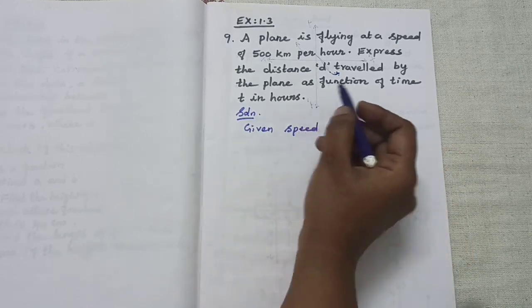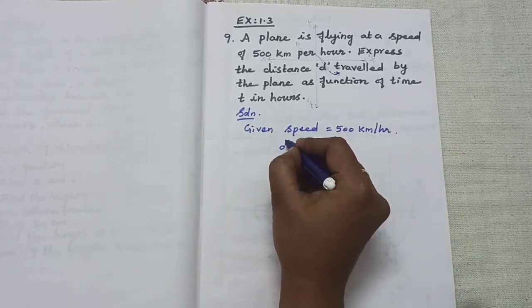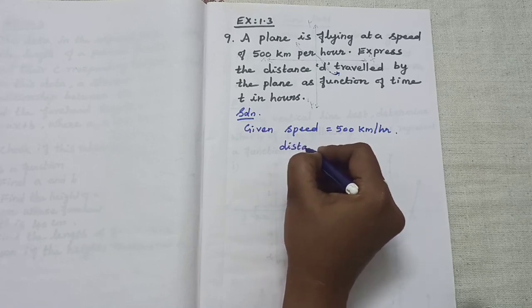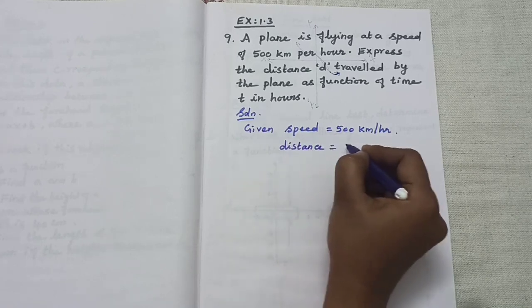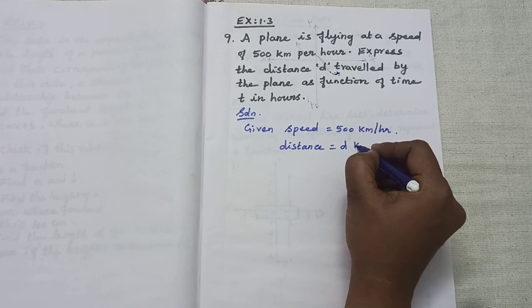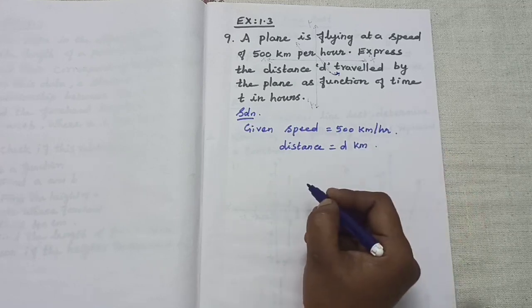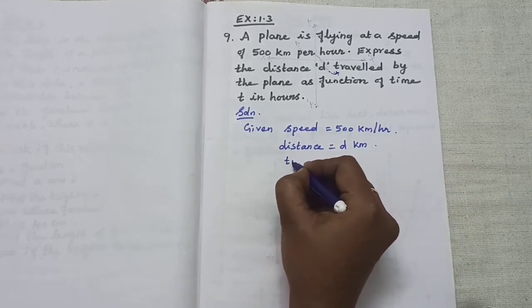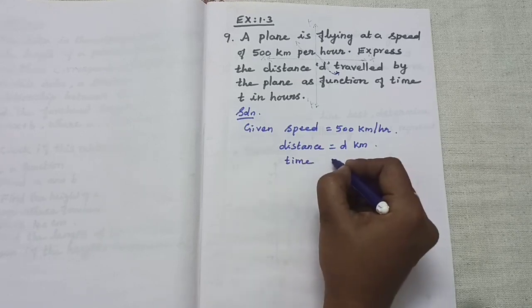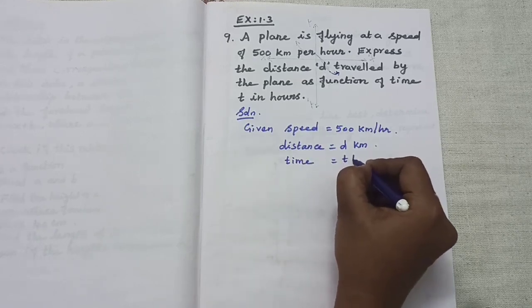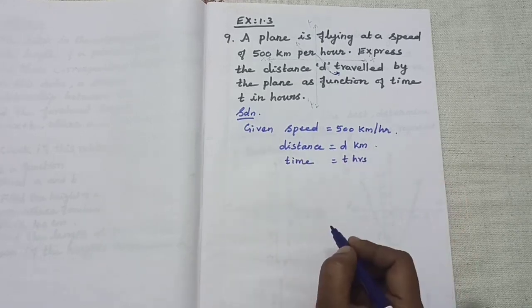Then distance denoted by d kilometer. Then time also, t hours is given.